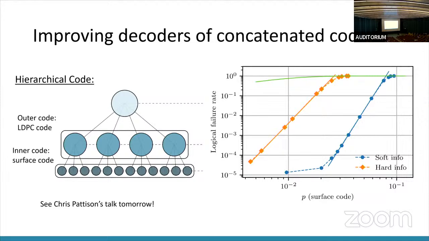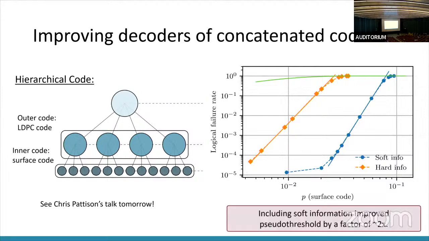Okay, and so when we ran just belief propagation on this outer decoder, and we didn't pass any information, we just decoded the surface code, maybe got a 0, decoded this one, got a 1, and just passed that information into the outer code, then ran BP on that. That's what we see in this orange line. That's how the logical failure rate of the outer code scales with the inner code's failure rate.